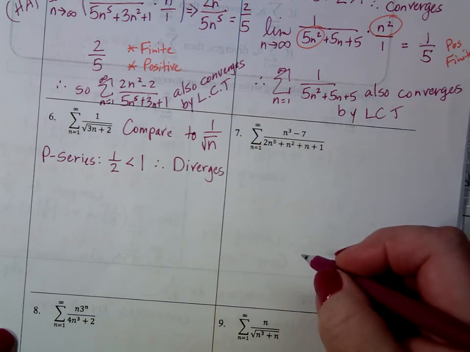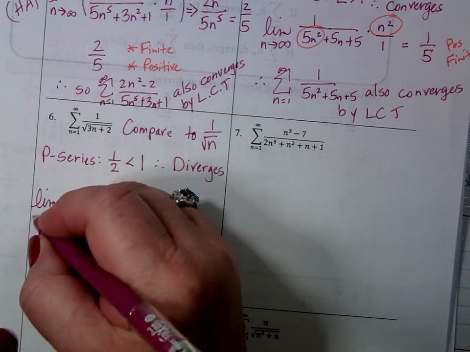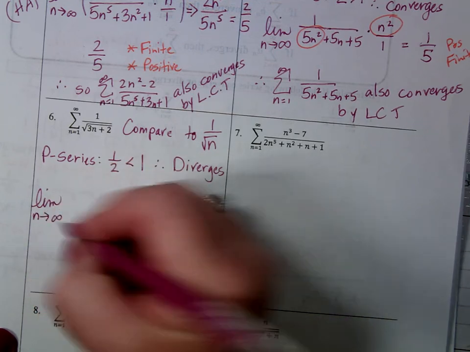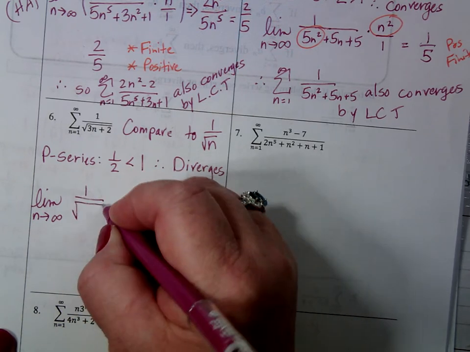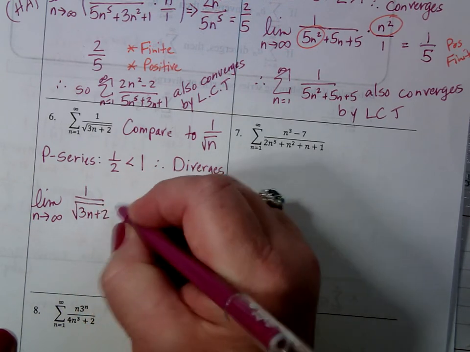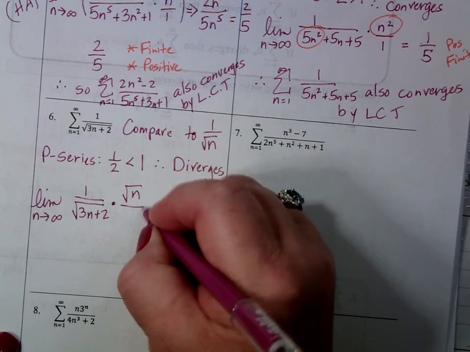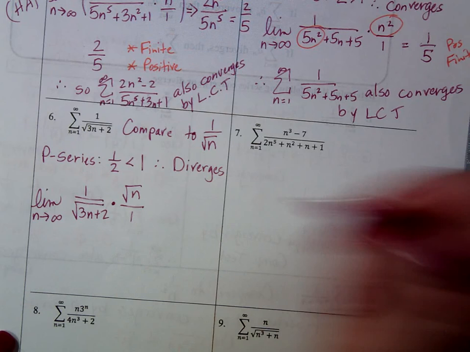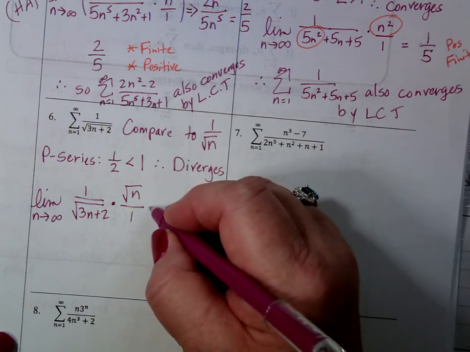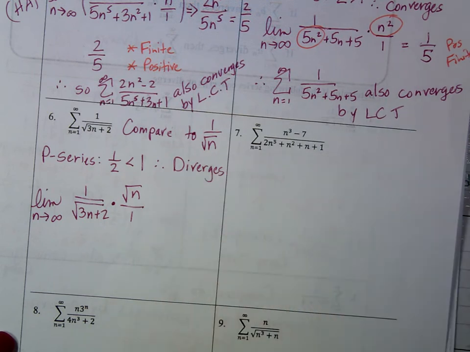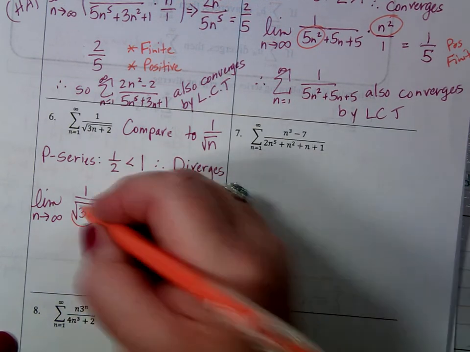Well, that's interesting. Let's try the limit comparison test and see what it does. The limit as n approaches infinity for 1 over the square root of 3n plus 2 times the square root of n over 1. And again, I'm really just looking at the main parts of this thing that are controlling what this is going to do.